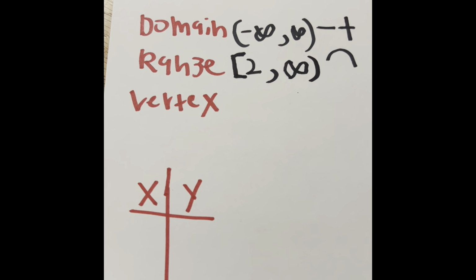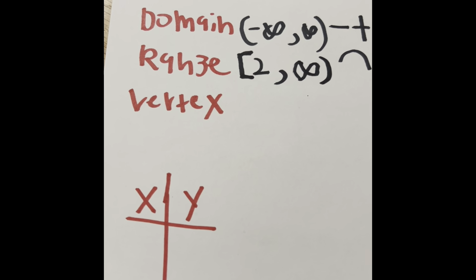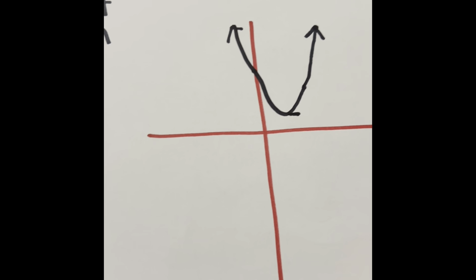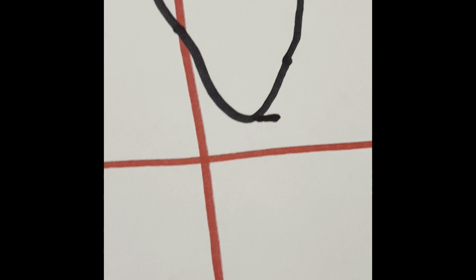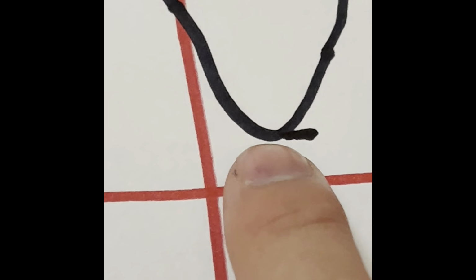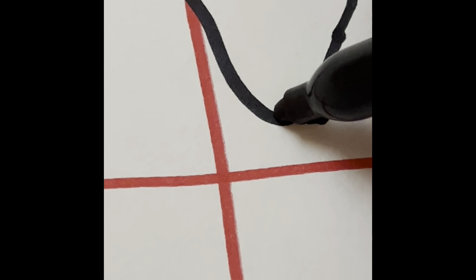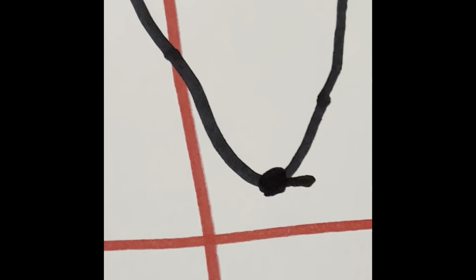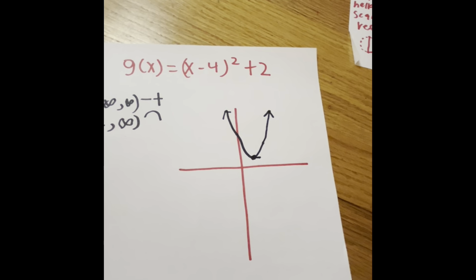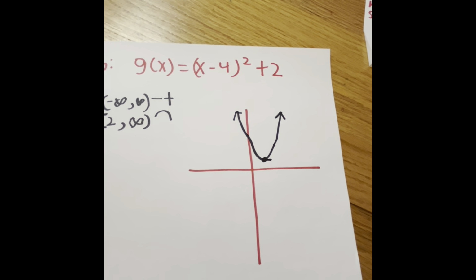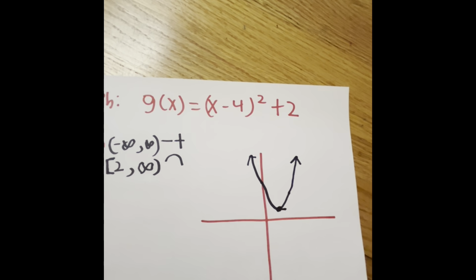But hang on, what about the vertex? Well, the vertex is actually very, very important because that's what actually starts to have the point right over here. And if you realize, you can actually see the vertex right in front of you by seeing this equation right above.